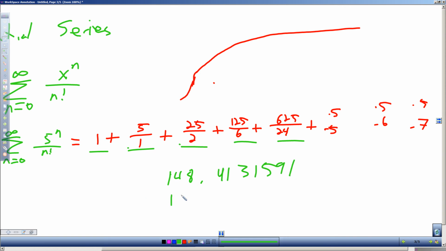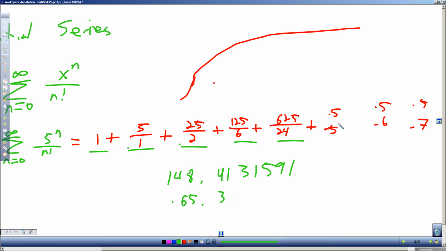And the sum of the terms is 65.375. So 65 point whatever. In this case, it's not a very good estimate.